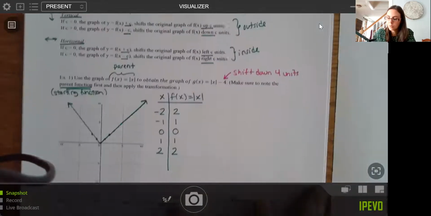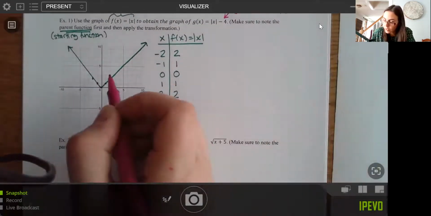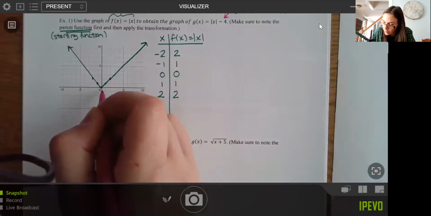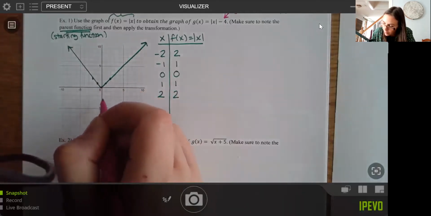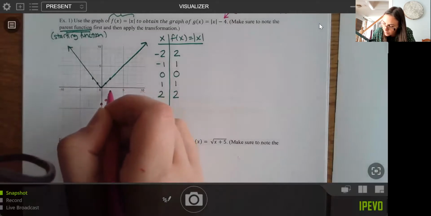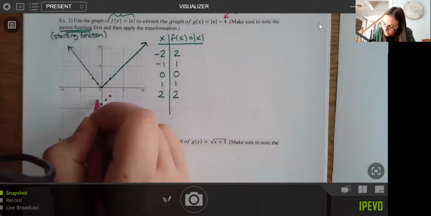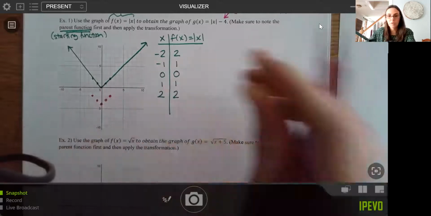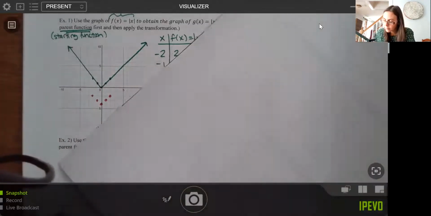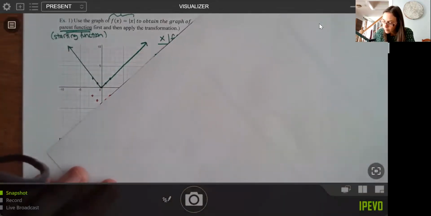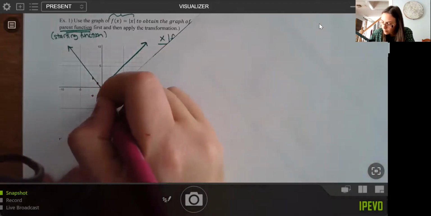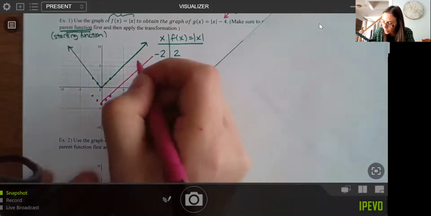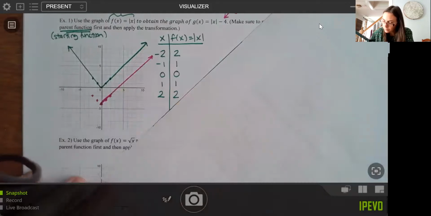So what we can do is we take every single point and we just count down 4. 1, 2, 3, 4. 1, 2, 3, 4. 1, 2, 3, 4, and so on. And then we can redraw our graph. Oh, sorry, my line's a little bit off there.